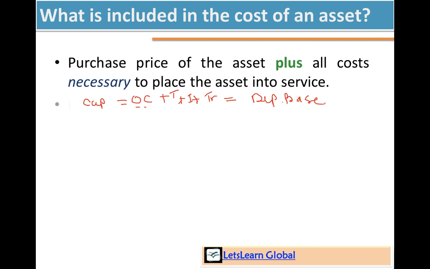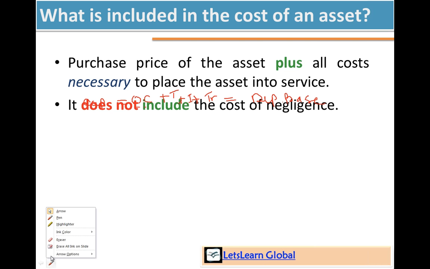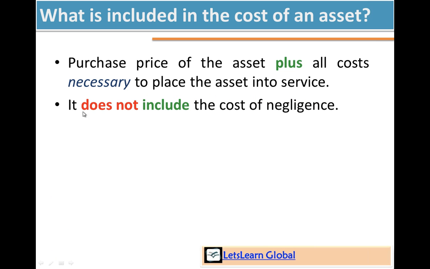Certain costs are not to be included. For example, an asset is imported from Germany and is in the port. Due to faulty documents, insufficient documentation, the customs department is not agreeing to clear the asset unless you produce certain documents, which will take some time, maybe 1 week.